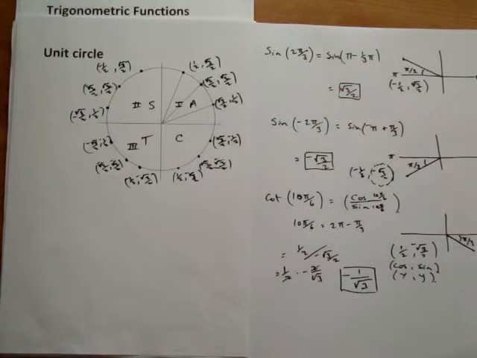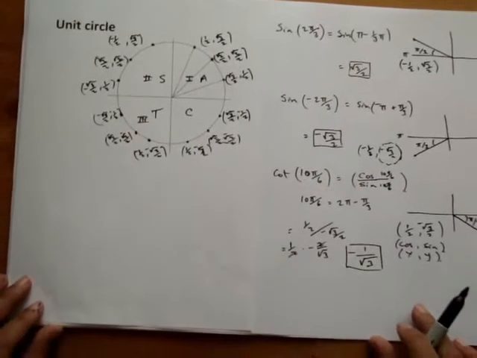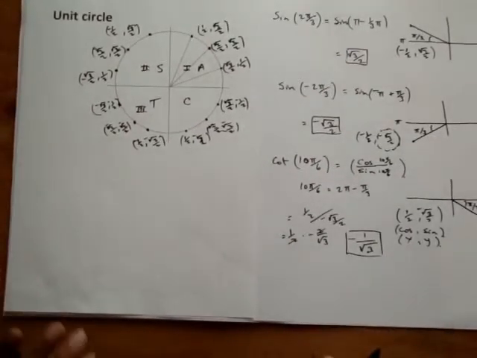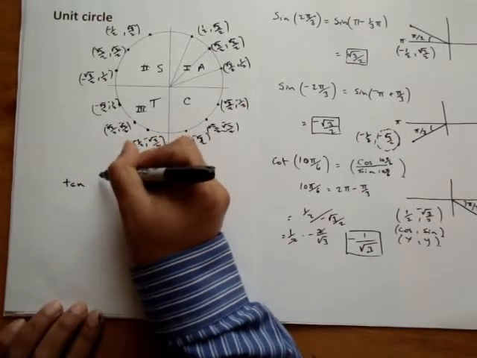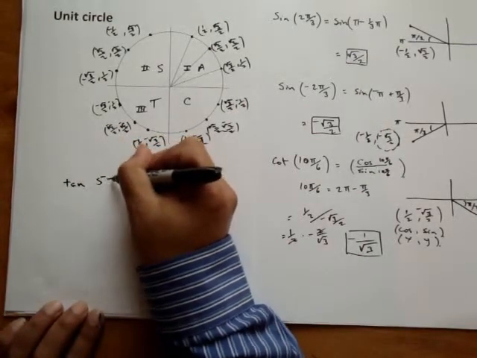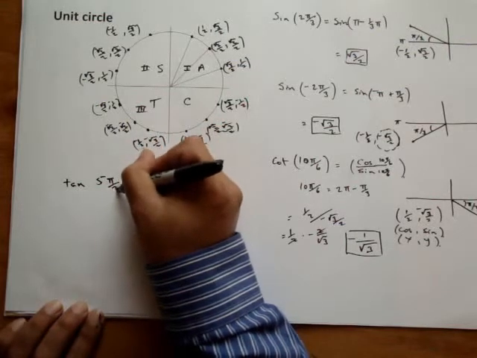If we have a tangent, we'll do that in the same way. Let's move this up a little bit. Say we had tangent 5 pi over 3.